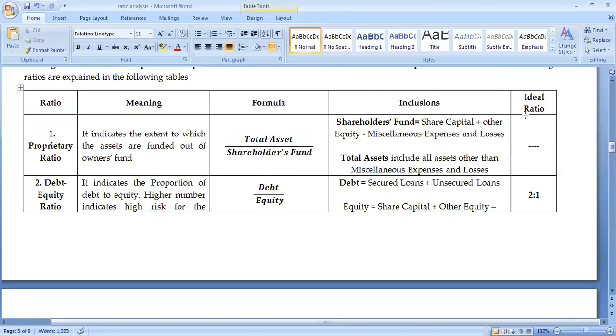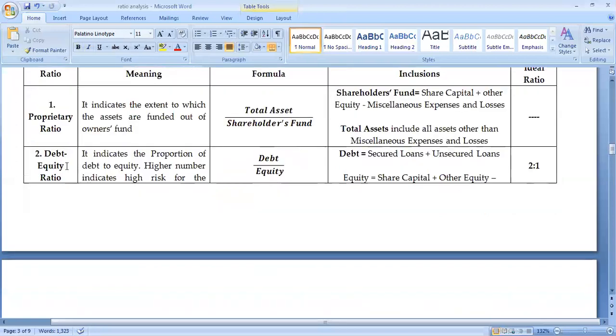So that will be deducted, and there is no ideal ratio here because it is the owner's capital or owner's fund. Okay, because they are the real investors and you don't want to find out again what is the financial soundness out of them. For that reason, you don't get any ideal ratio for the proprietary ratio.